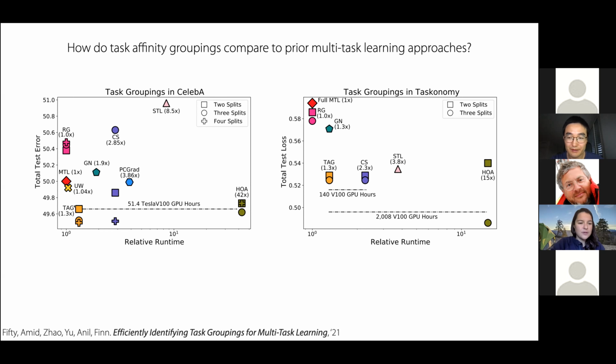I don't have a correlation matrix between those different scores, but we do see that we're able to perform somewhat similarly to those previous affinity scores, at least in the case where you have 2 groupings of tasks, while of course being substantially more efficient.